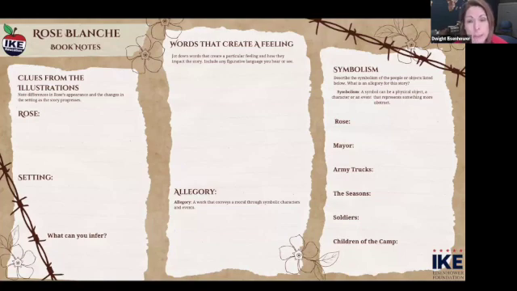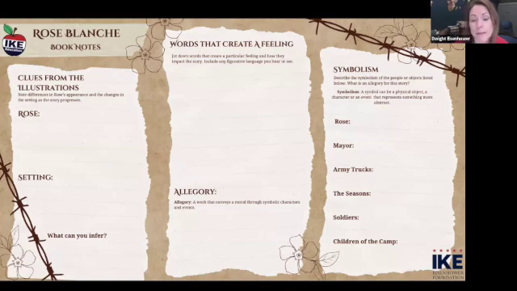A symbol is a physical object, a character, or an event that represents something more abstract. There are several symbols in this story that I've listed on this sheet for you. As we go through the book, I'll be asking your ideas and observations about some of these things. So please use the chat feature to respond and contribute to our discussion.